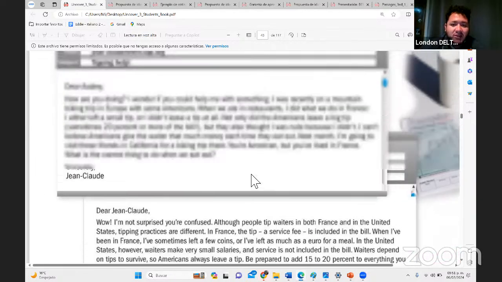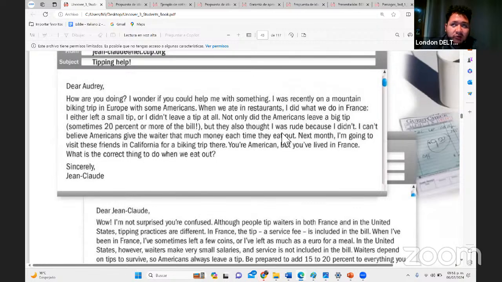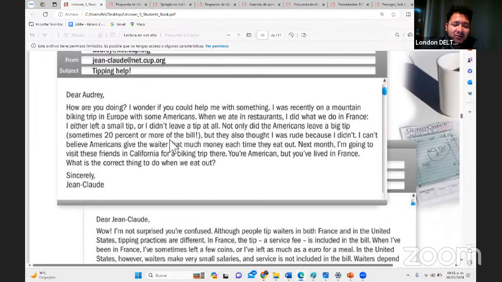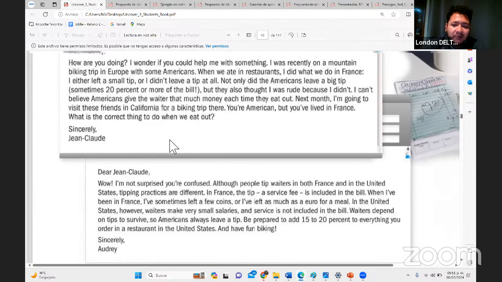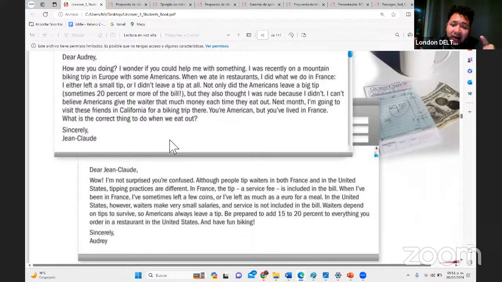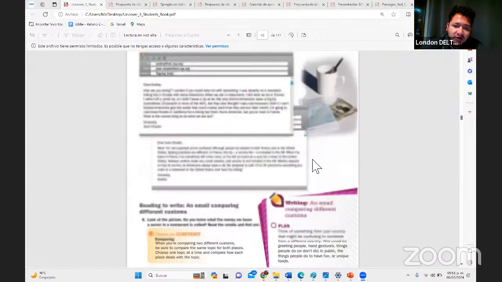Yes. And yesterday, in the last class, we read these texts, and these texts had examples of how to use the conjunctions. Vean esta página, well, that's page 39.